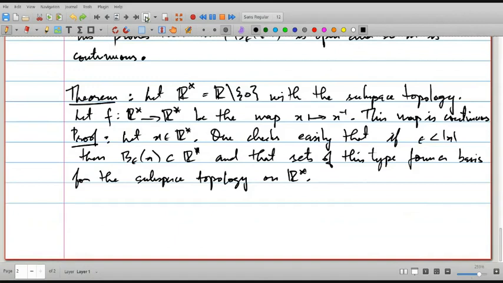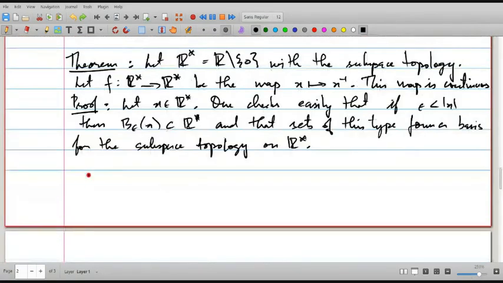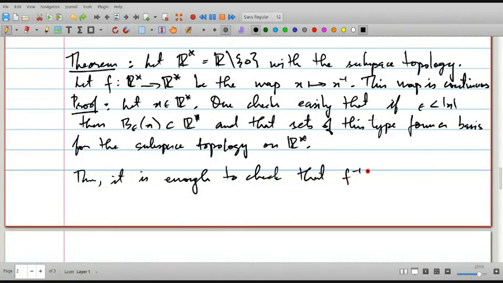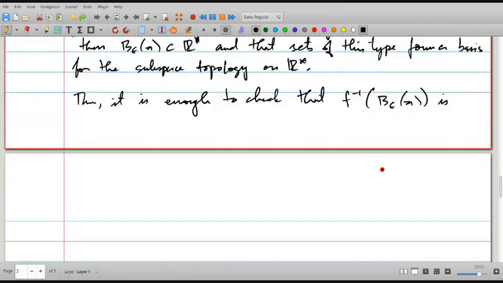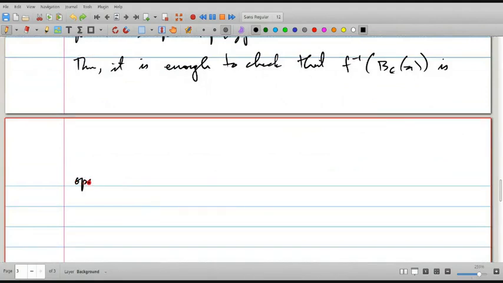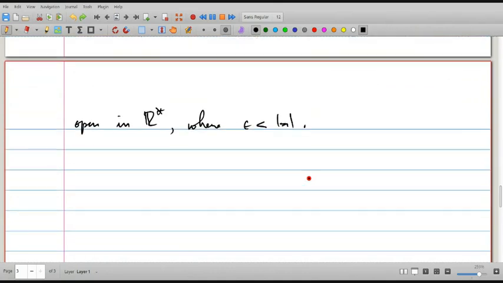Thus it is enough to check that f inverse of B epsilon x is open in R star, where epsilon is strictly less than mod x. So the picture looks like this.